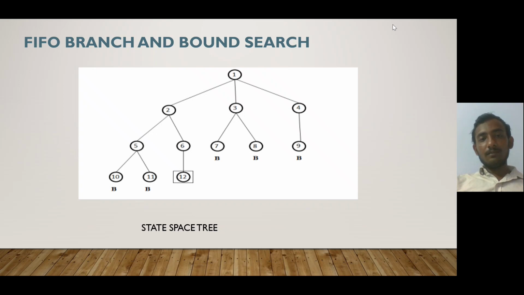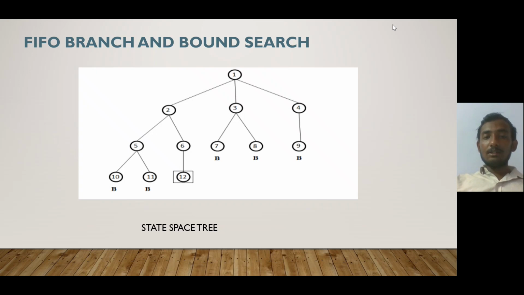So first we are going to expand 2. So nodes 5 and 6 are generated from 2. The second element in the queue is 3. After 2, we are going to expand 3. So 7 and 8 are expanded from 3, and then from 4.